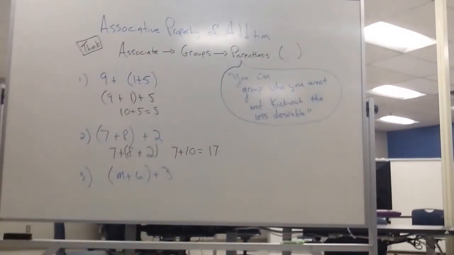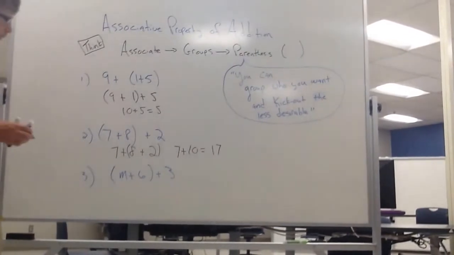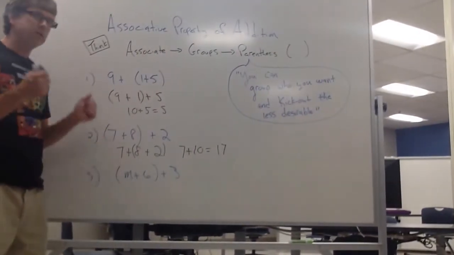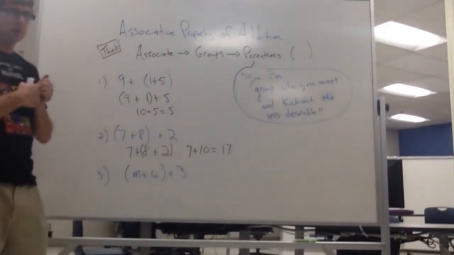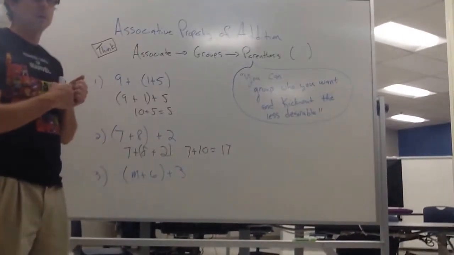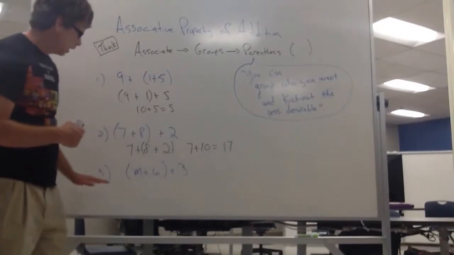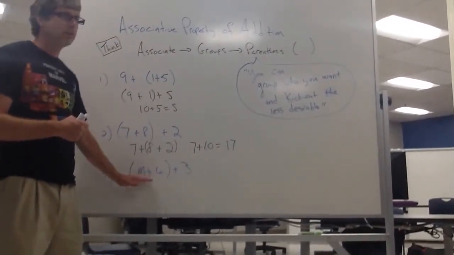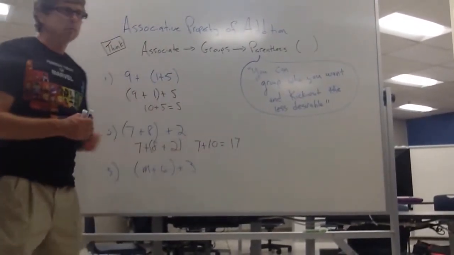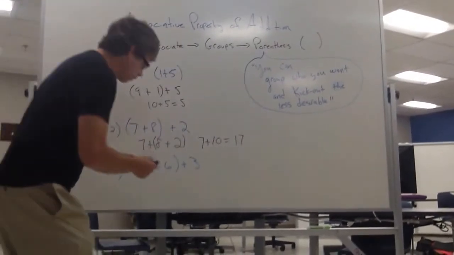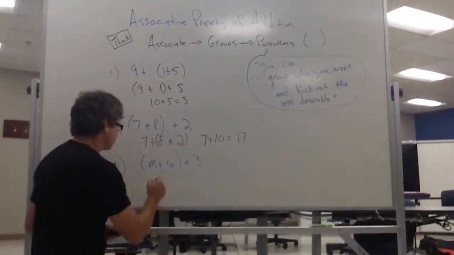Hope not. Now in this problem right here, notice that m plus 6 don't even go together. They're like oil and water. So if I want to simplify this expression, I can't simplify right now because m plus 6 don't go together. But what I'm allowed to do though is bring this problem down.